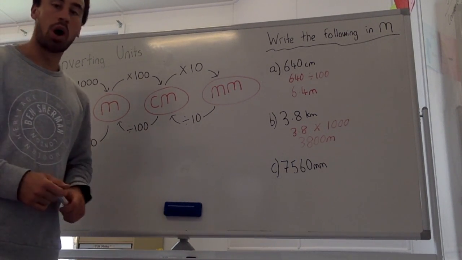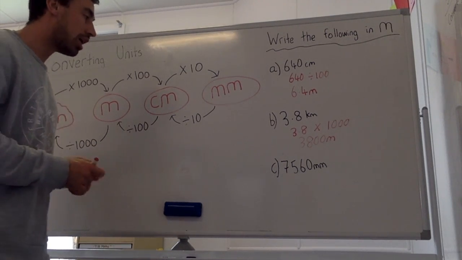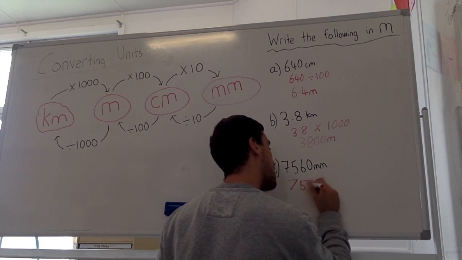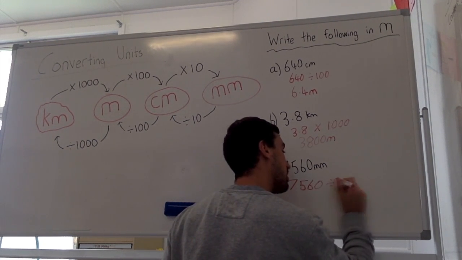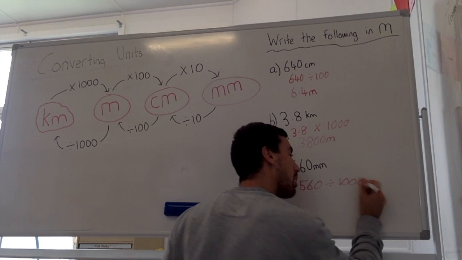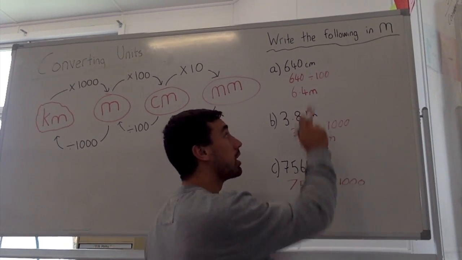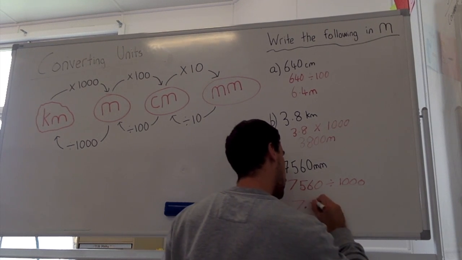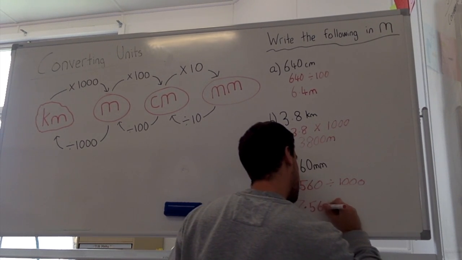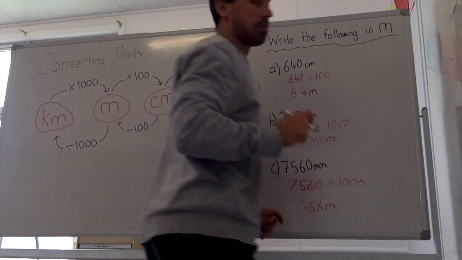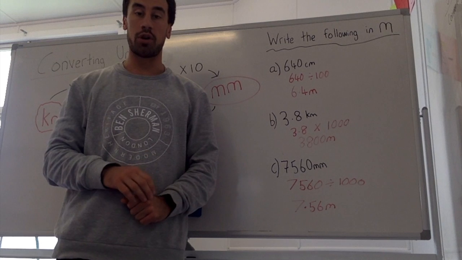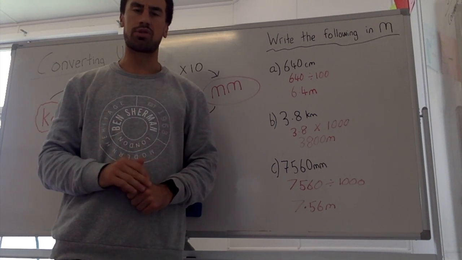We'll go by 1,000. So we'll divide it by 1,000. So 7,560 divided by 1,000, millimetres into metres, gives us 7.56 metres. Alrighty, there's 3 examples that we can refer back to if we start to struggle a little bit.